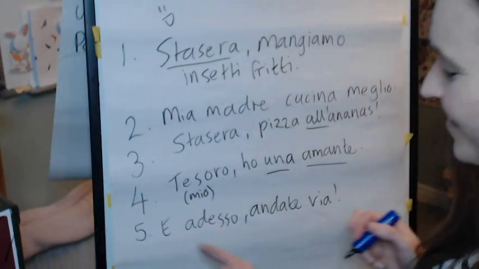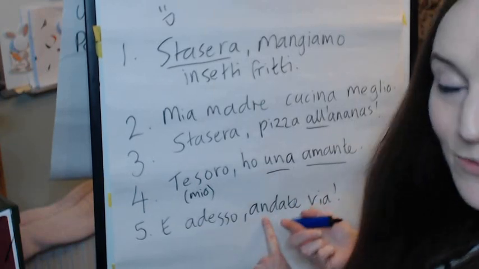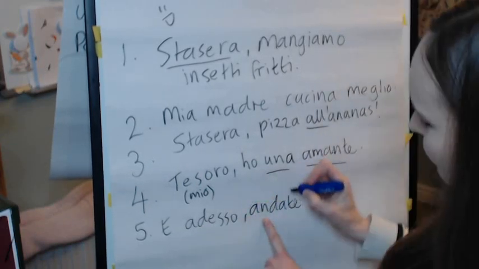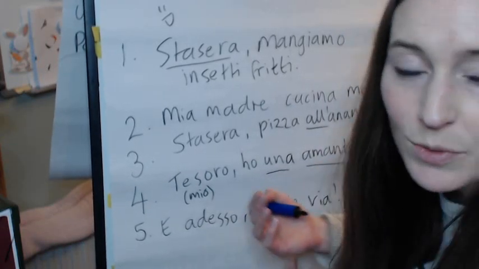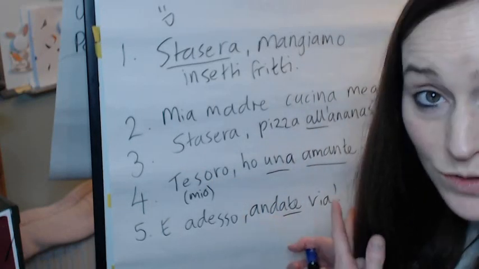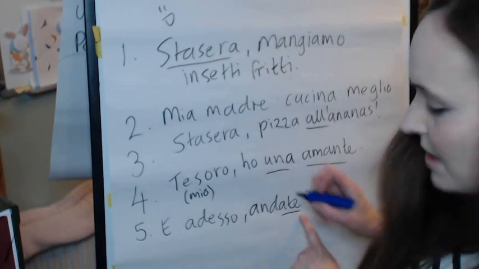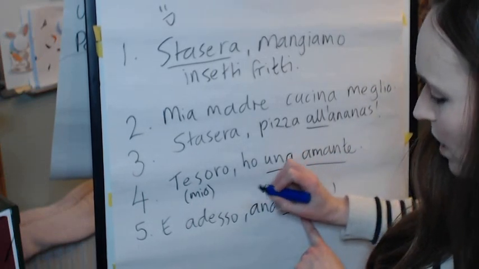Leave. So e means and, adesso is now, andate comes from the verb andare, so it's an are verb, but it's highly irregular. In the voi form, present tense, or the imperative, as the case may be here, it's got the ate ending, so that's addressing voi.